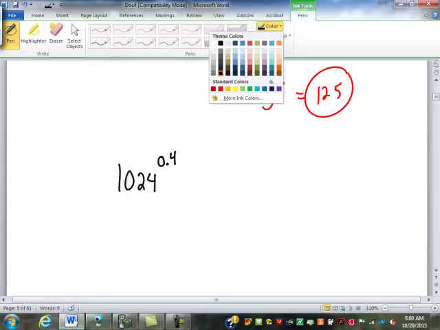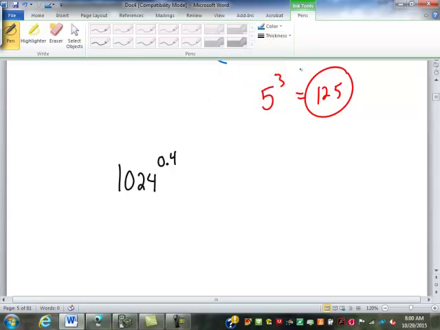How about this one? Your calculator will do it. Should give you 16. Question is, why does it give you 16? Did it give you 16?